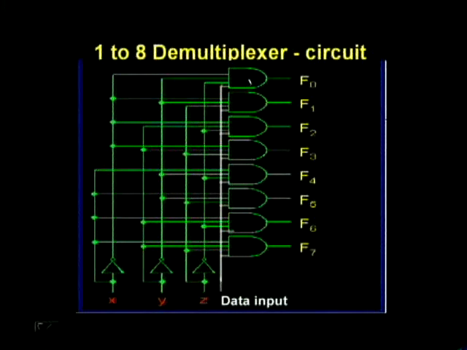Say for example, the F0 AND gate is high for 0 0 0 input, and since it has a fourth input as data input, if data input is 0, this AND gate output will become 0. If data input is 1, this AND gate output will become 1. Like this, the same logic can be applied for other outputs of the 1 to 8 demultiplexer. So constructing a demultiplexer is simple. It is actually using a decoder only.